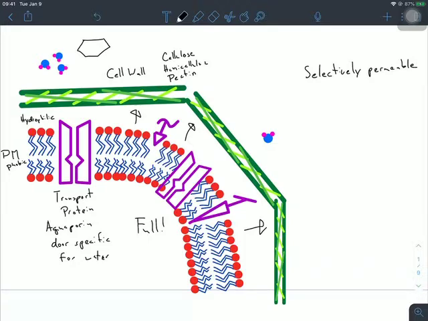It moves closer to the cell wall and keeps the cell wall structure very rigid. This is what we call turgor, or turgor pressure. This is what happens when the plant or the plant cell has a lot of water, and therefore the plasma membrane pushes out the cell wall.